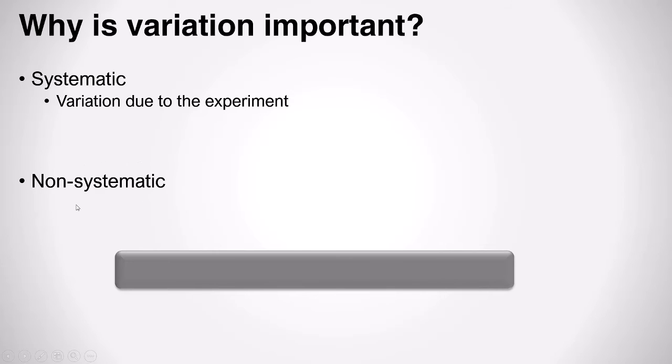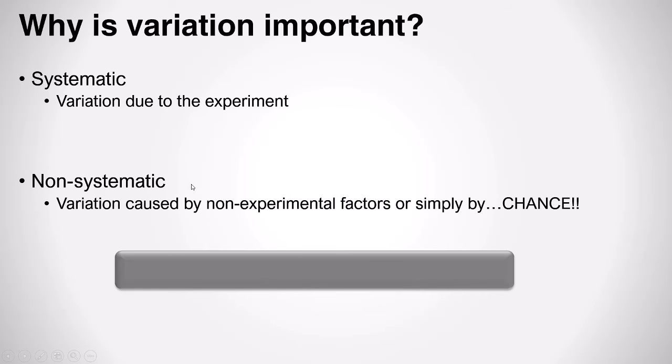Or non-systematic variation is where it's not caused by experimental factors. It's just due to chance or factors that we haven't measured. And that's a big difference in terms of any conclusions that you arrive at, and completely contributes to how you answer your original question.